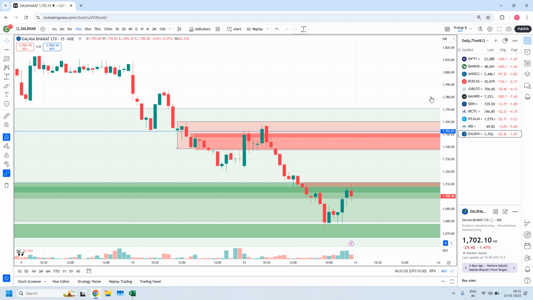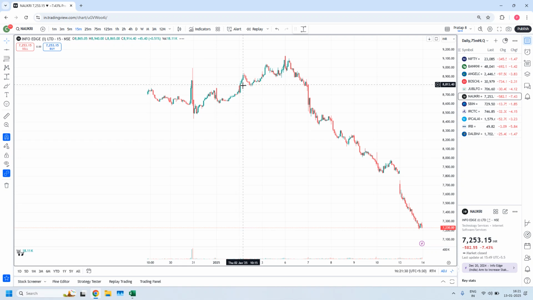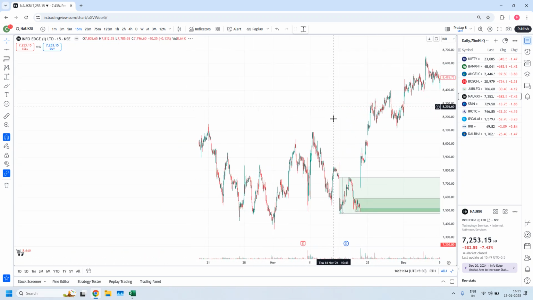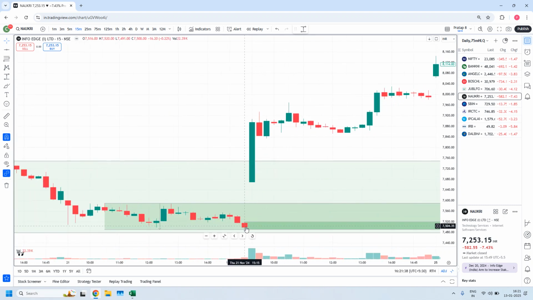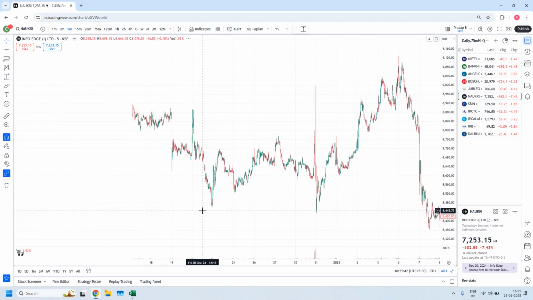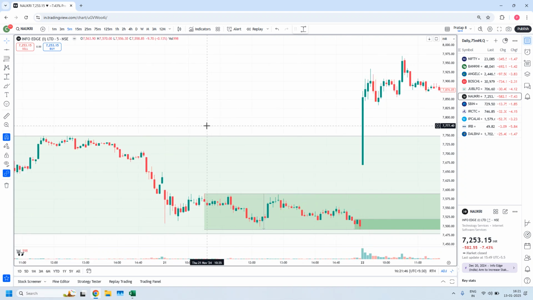There is one stock we discussed that is going to be violated, Naukri, right? We discussed yesterday while analyzing that Naukri will be violated, because it is not having a proper fine-tuned 5-minute zone. The 15-minute zone is there, but it doesn't have a proper 5-minute zone. Inside the zone we have a drop candle.